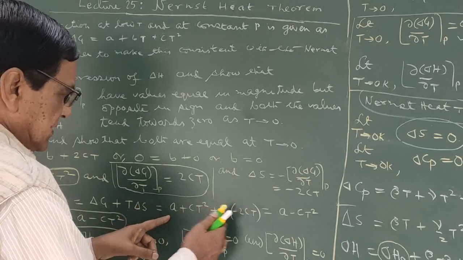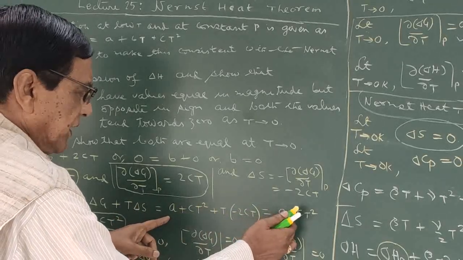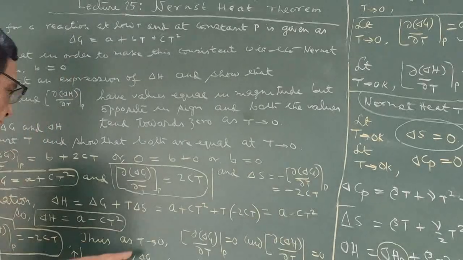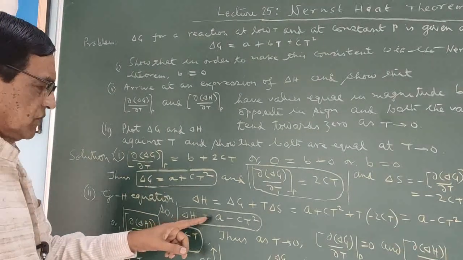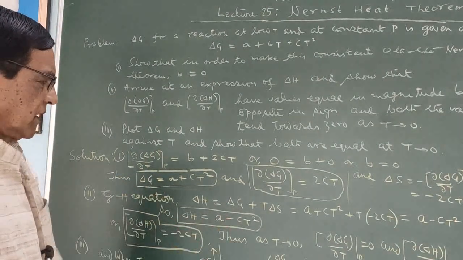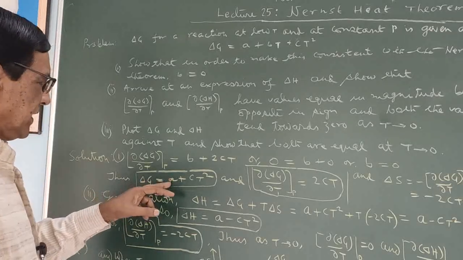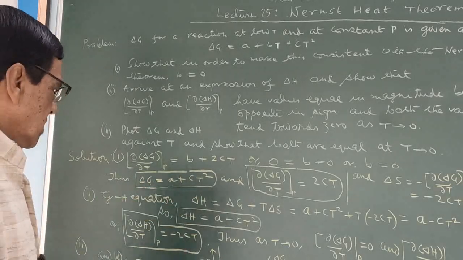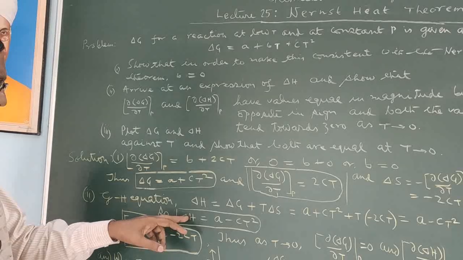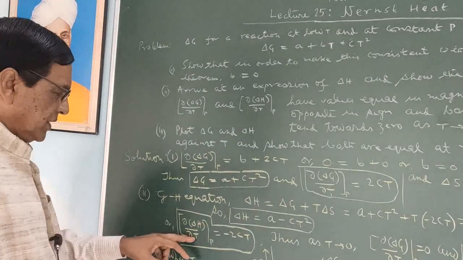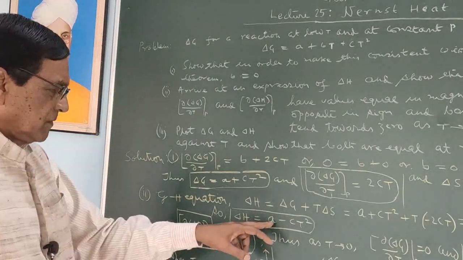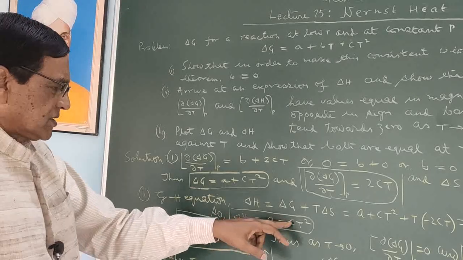So the simplification of this will give A minus CT square. So delta H equal to A minus CT square, and delta G equal to A plus CT square.